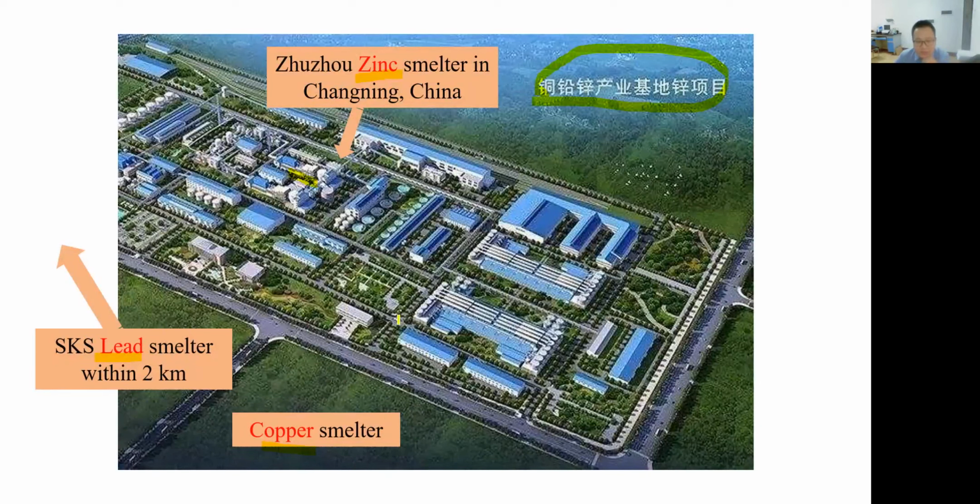And just opposite this street, there is a copper smelter. And 2 kilometers from here, there is an SKS bottom blowing smelter for zinc or for lead. So this is something that is happening nowadays, and we hope we have a brighter, more promising future for this zinc process, also for copper and lead, even some other non-ferrous metals.